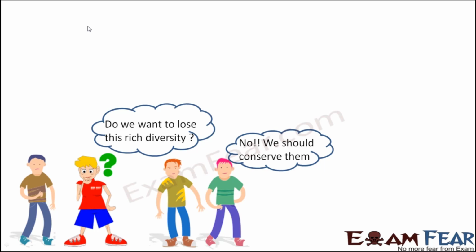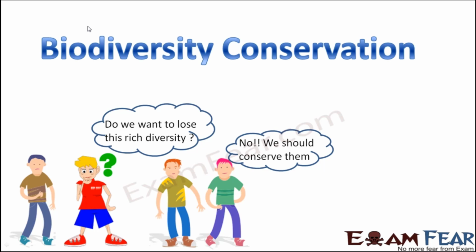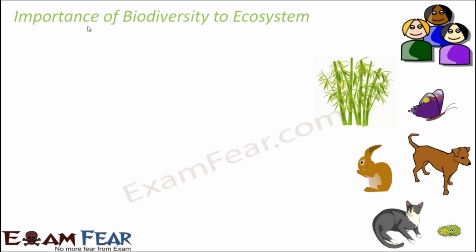So you don't want to lose it. In a very similar way, our earth is already rich in the variety of living organisms which exist on it. So there is no point that we should let earth lose any of these organisms. Also, there are many advantages if there is a huge variety of organisms on earth. So that is why we talk about biodiversity conservation. That is, how can we conserve this huge variety of life forms on earth.